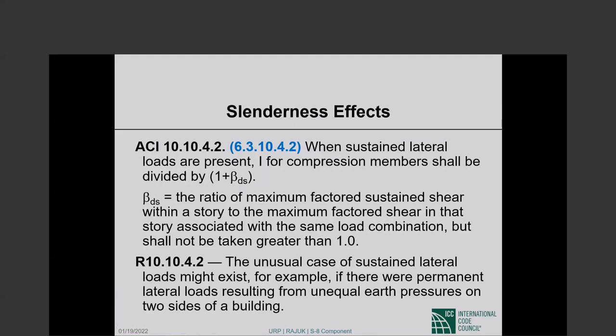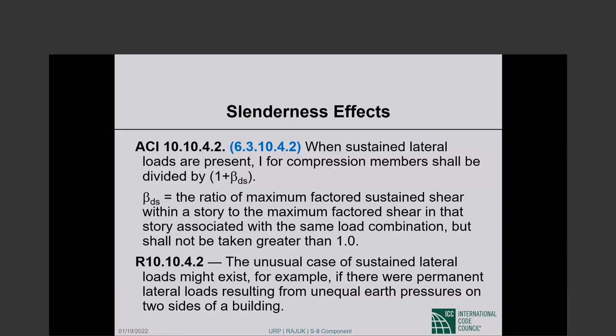So this is admittedly an unusual case, but if you have that, then when sustained lateral loads are present, the stiffness for compression members shall be divided by 1 plus beta sub ds.